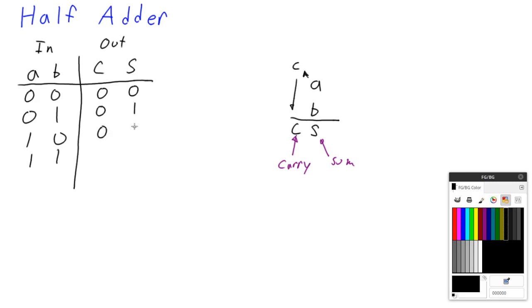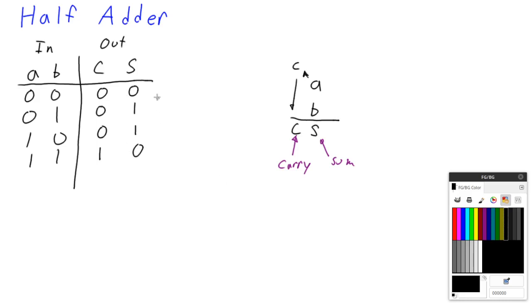And finally, when you have a 1 plus a 1, we know that's 2. And 2 can't be represented with 1 bit, which means we've got to have a carry. So that means we've got 1 here and a 0 here. So this is our final output.